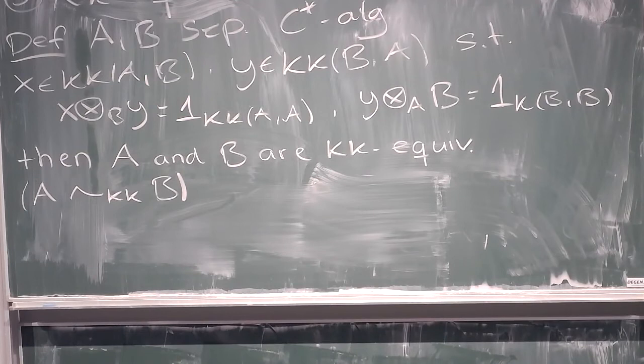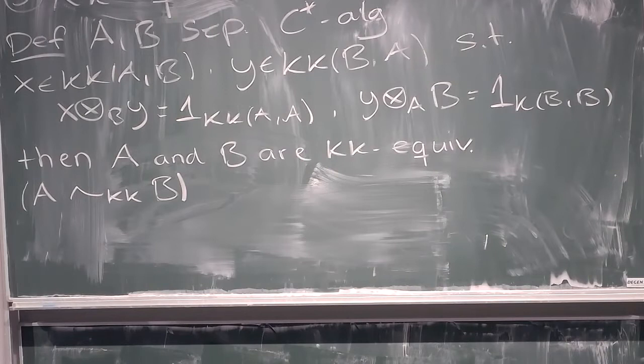As was also explained last week, if they are KK-equivalent, then all the KK-groups are isomorphic, and we have an explicit isomorphism just by using this x and this y. So I will not write it again.